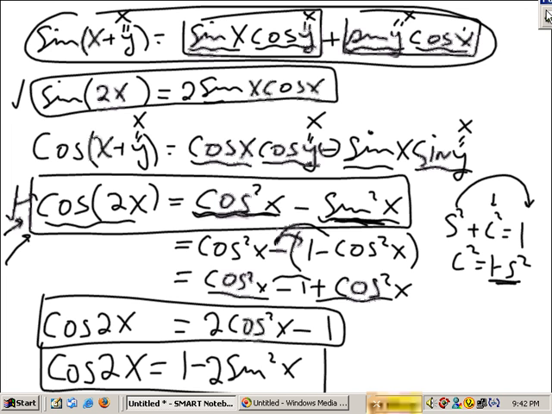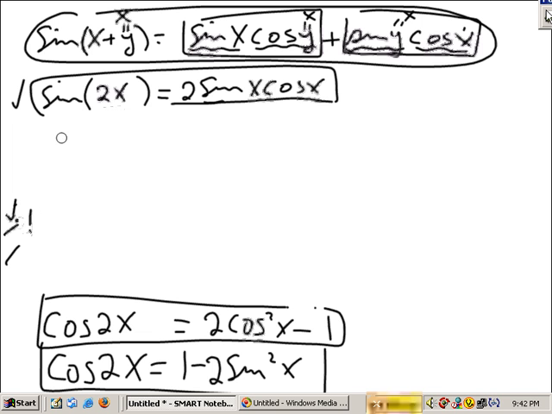Right. Let's write these down nicely. Let them be close by, right underneath one another. And then, of course, we're going to talk about tangent.